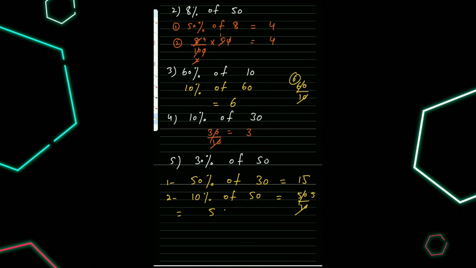So we will multiply 5 by 3 and we will get 15. So you can see our answer is the same with both methods. So 5 is the 10% of 50, and if you multiply it by 3, you will get 30% of 50.